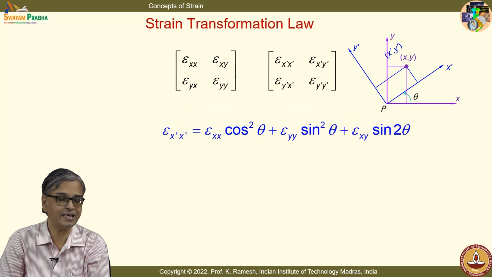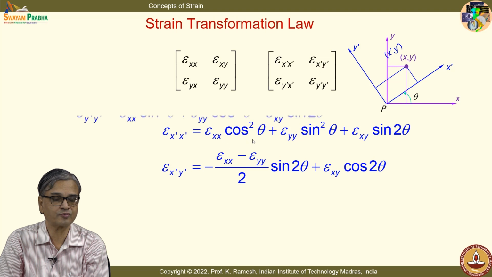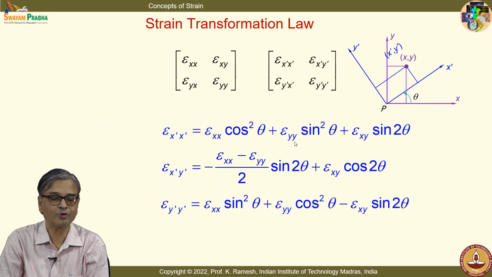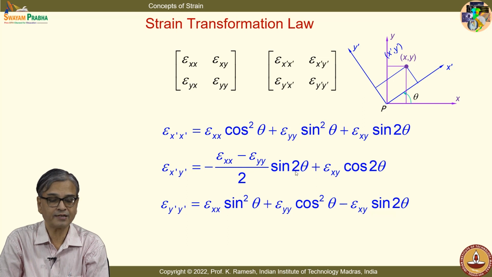So, I have epsilon x prime is epsilon xx cos squared theta plus epsilon yy sin squared theta plus epsilon xy sin 2 theta, and epsilon x prime y prime is equal to minus epsilon xx minus epsilon yy divided by 2 times sin 2 theta plus epsilon xy cos 2 theta.